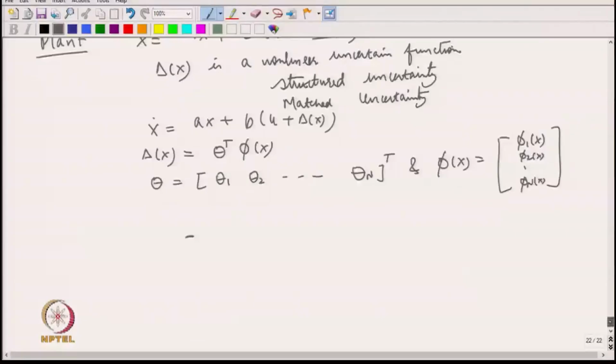So, notice that theta transpose phi of x is still a scalar.